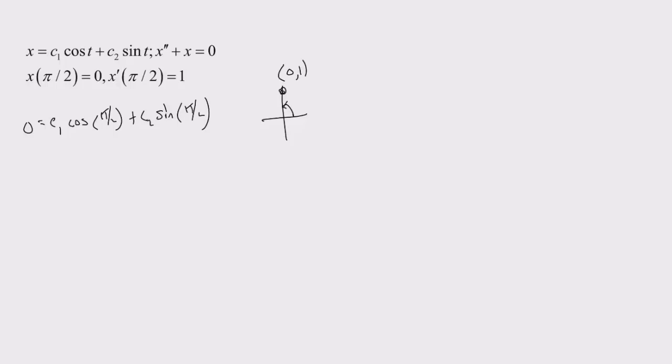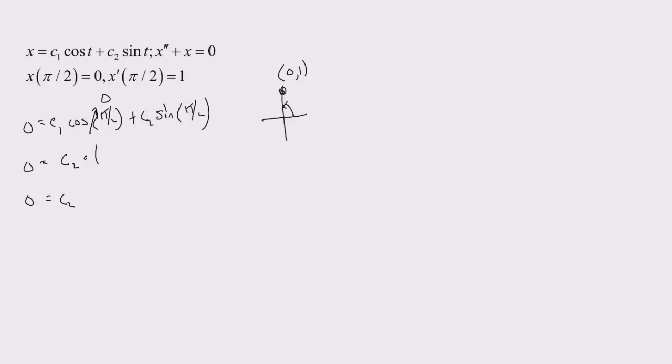Wow, good thing I'm the teacher, right? Okay, so what that says is with that initial condition, I have the equation 0 equals, and that piece is equal to 0. So that says C2 times 1. Okay, so C2 equals 0.